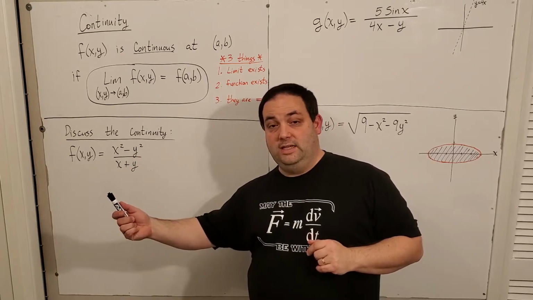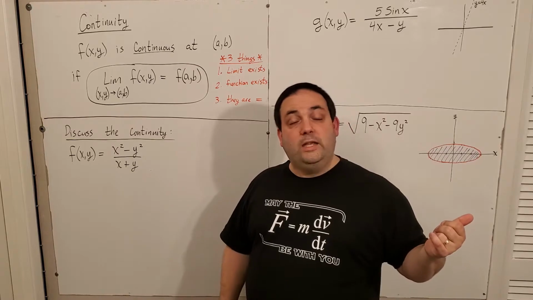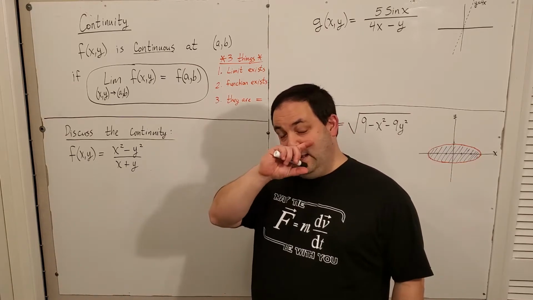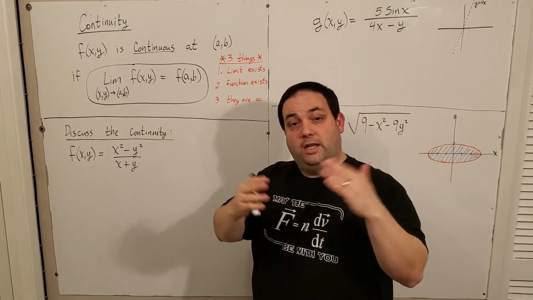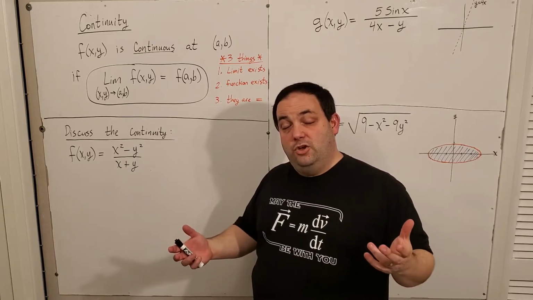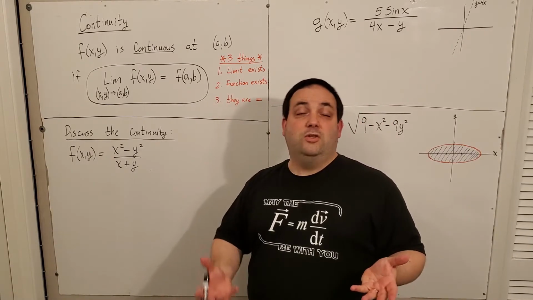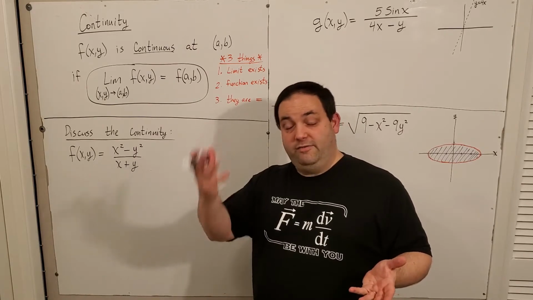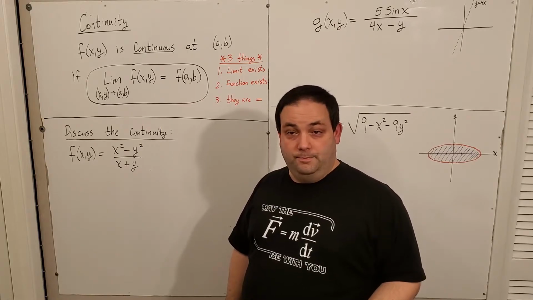Either the limit doesn't exist, or the function doesn't, or is not equal to the limit, right? It's not as common for the function not to equal the limit unless it's already separated in some sort of piecewise function or whatever. Most of the time, your discontinuities come from either there is no function value or there is no limit value, right? And if there is no limit value, obviously the whole function thing's out the window anyway.